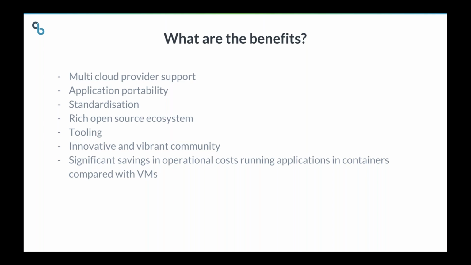So whether that's Google, Microsoft, Amazon, whether that's DigitalOcean, whether that's IBM or Oracle clouds, whether that's Pivotal, it really doesn't matter what kind of cloud provider you're using. Your application will work on all these different Kubernetes platforms, which is a huge big deal.